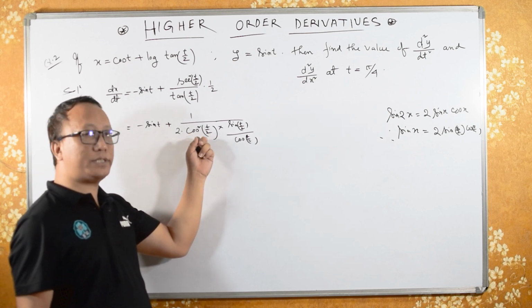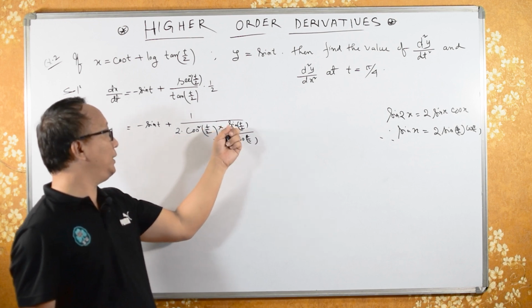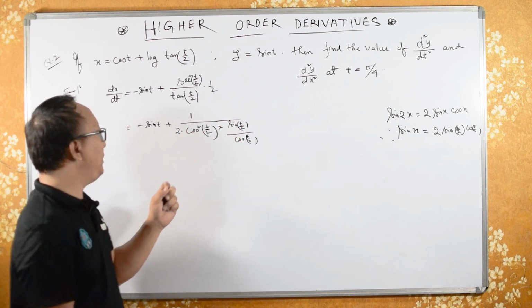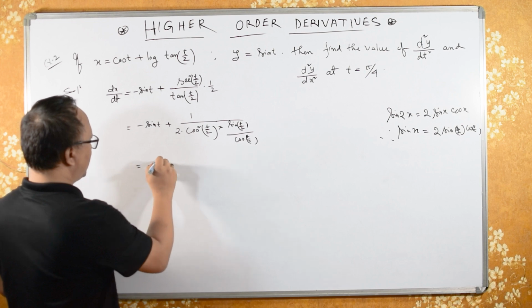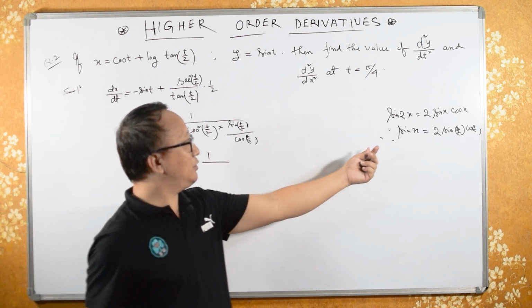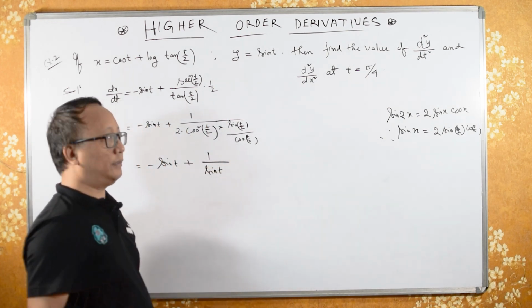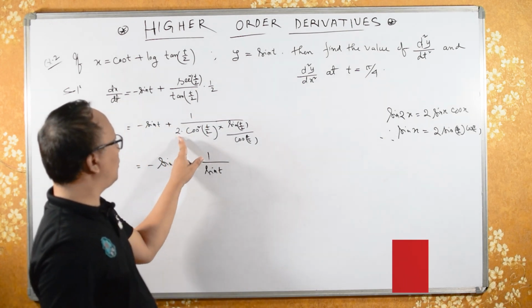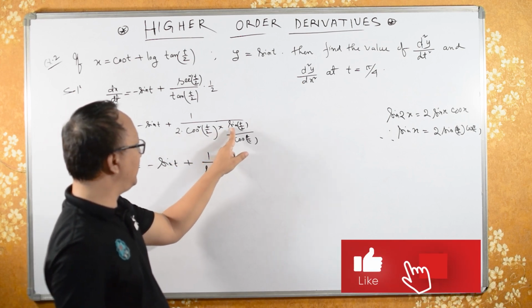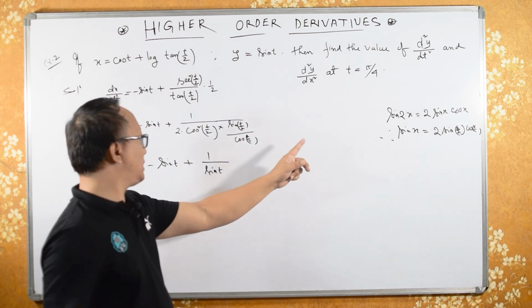I will be getting only cos t by 2. Okay. Now here it will become 2 sin t by 2 into cos t by 2 will be what?